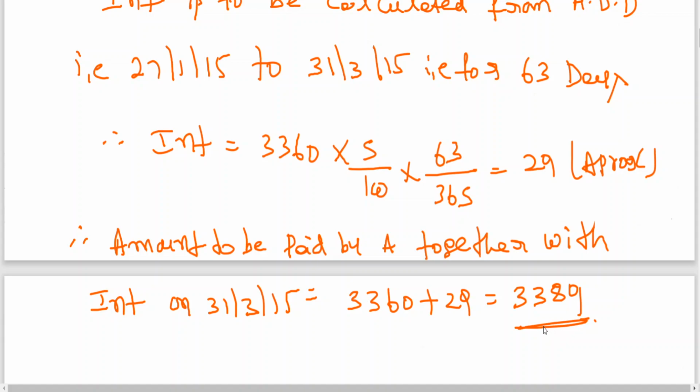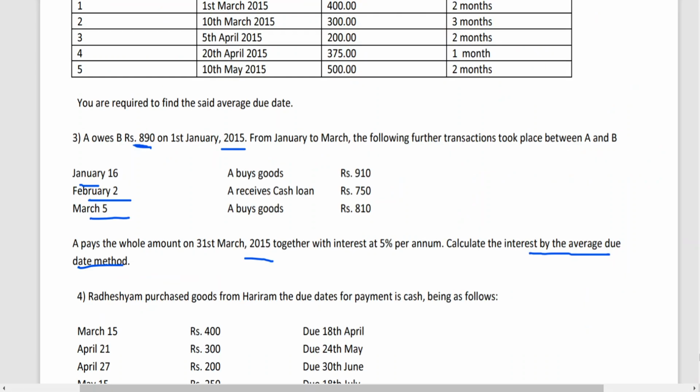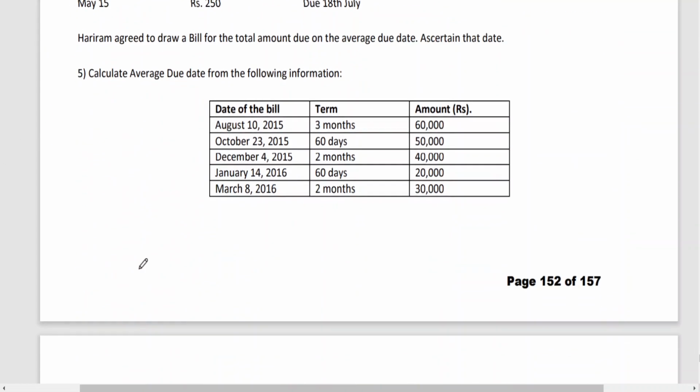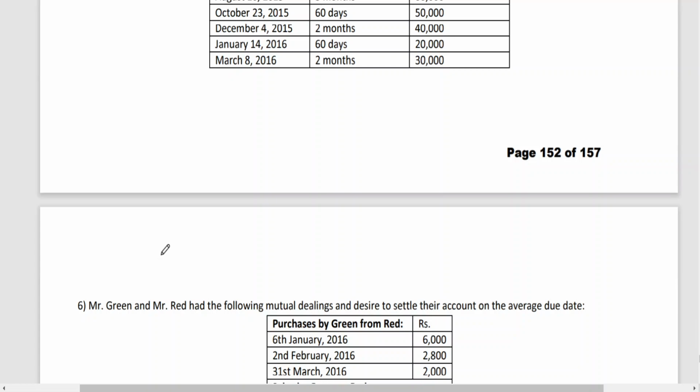Like this you should do. Clear to all of you? So this has been completed. All these problems we have completed.